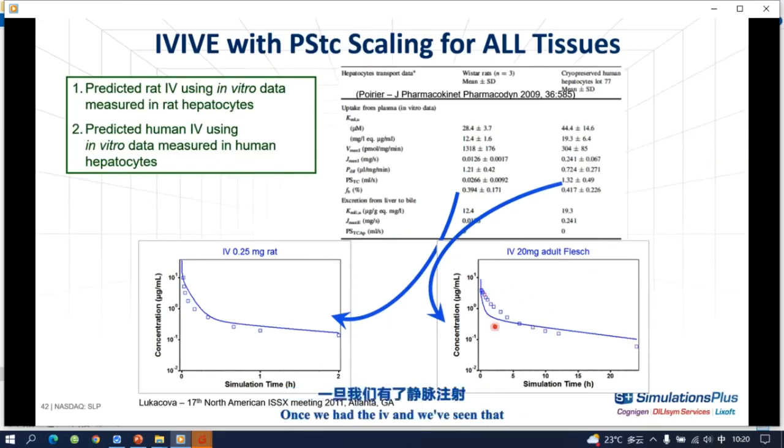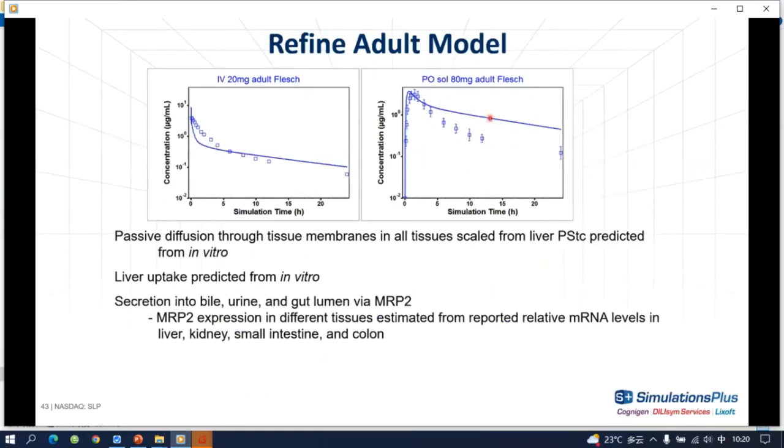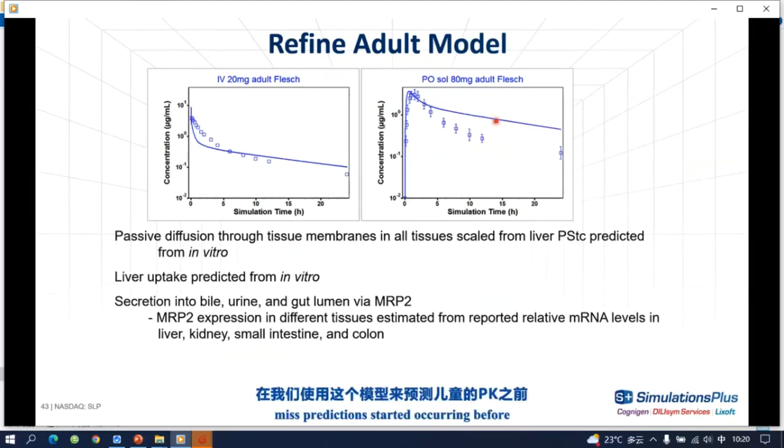So once we had the IV, and we've seen that the IV was predicted very reasonably from the in vitro data, the next step was predict the PO, or oral administration. This is where some of the additional mispredictions started occurring. Okay?